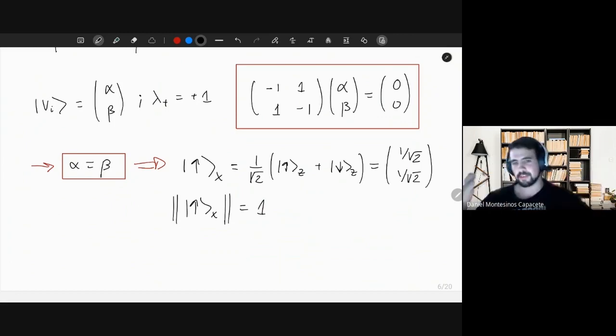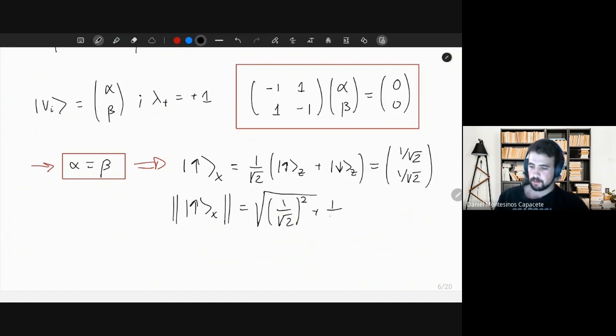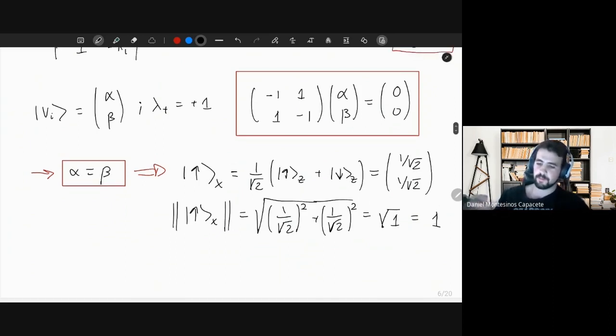We will understand this when we see the postulates. If you calculate the norm of the vector, this will be just the square root of this square and this square, so the square root of one, which is one. That's the only reason for the vector used.